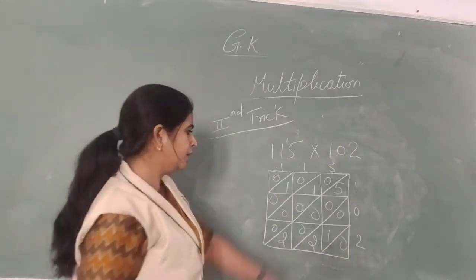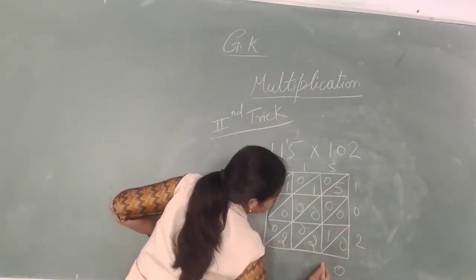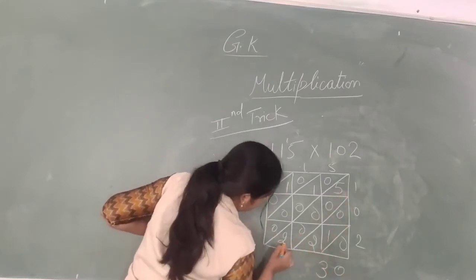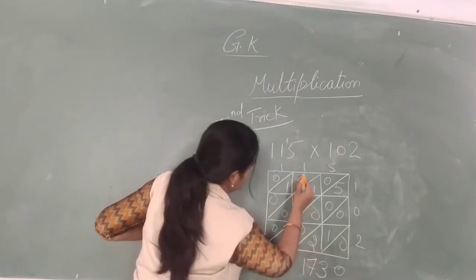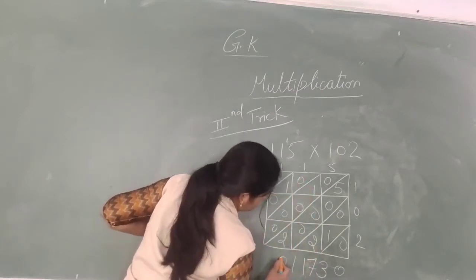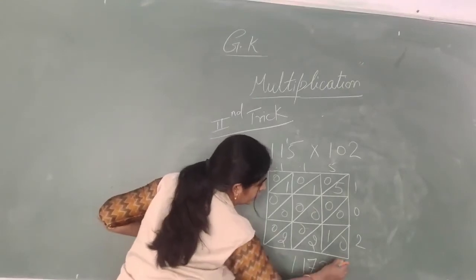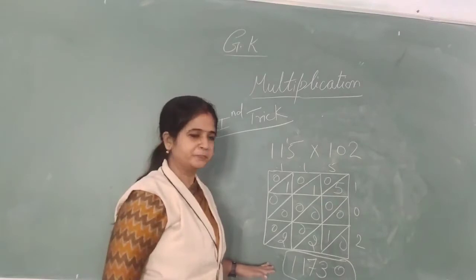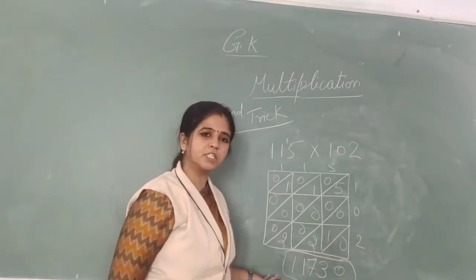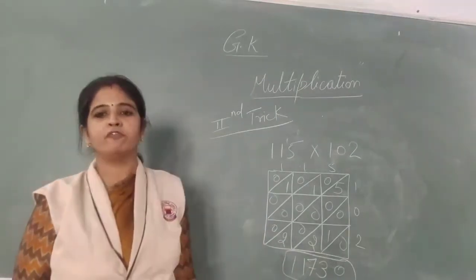Okay, now add them diagonally. 0, 2 plus 1 is 3, 5 plus 2 is 7, 1, 1 and 0. This 0 is not countable, so you can remove it and your answer is this one. Please check. Is it okay? Okay. That is the second trick which I have told you.